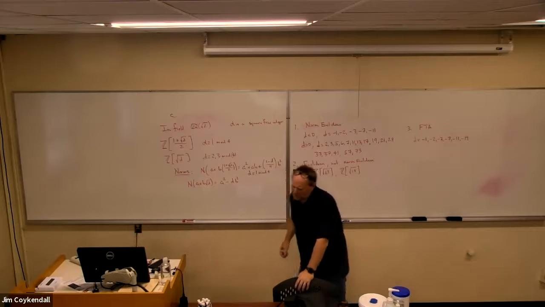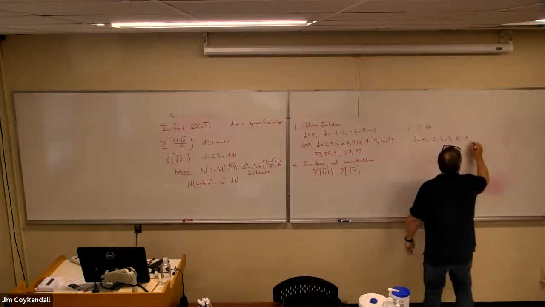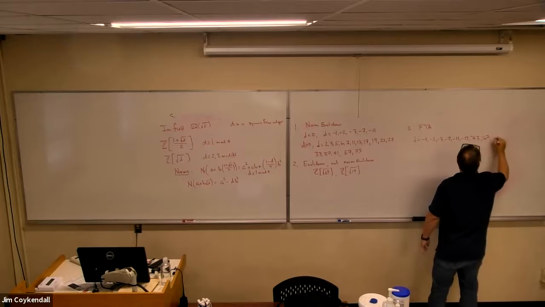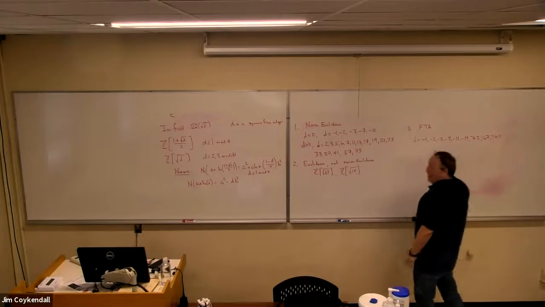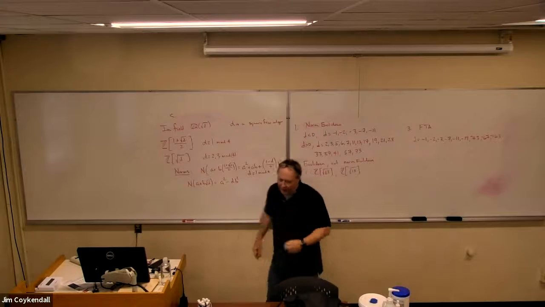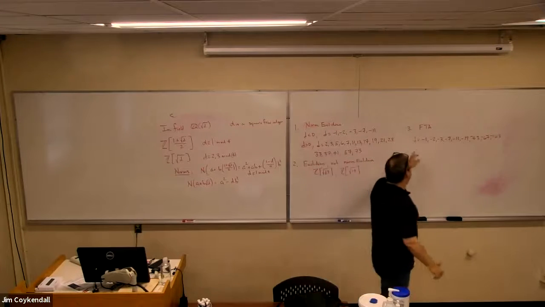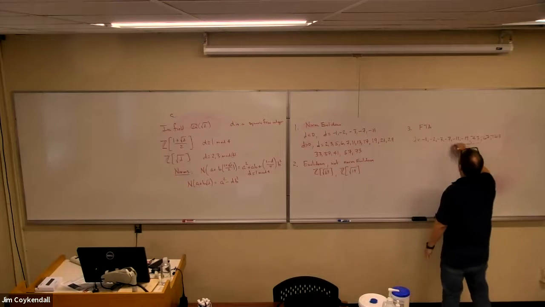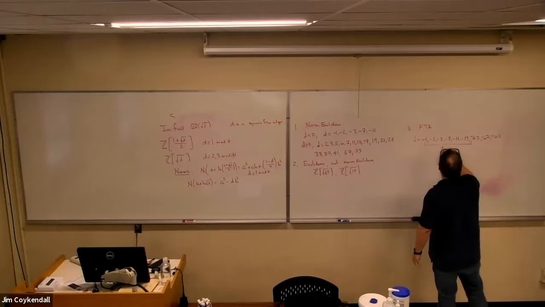There's just a couple more, -43, -67. Actually, that is an exhaustive list of all the negative D's. And these are the only ones that are Euclidean.